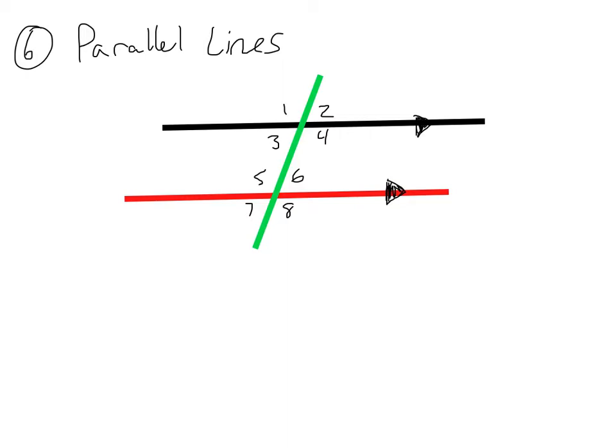So let's talk about the corresponding angles again. In this example, what are the corresponding angles? Let's start with 1. Angle 1 corresponds to who? Well, angle 5, right? So we'd say angle 1 and angle 5. But when it comes to parallel lines, where we have two parallel lines that are cut by a transversal, angle 1 and angle 5 aren't just corresponding.